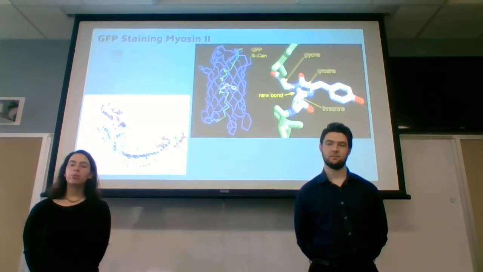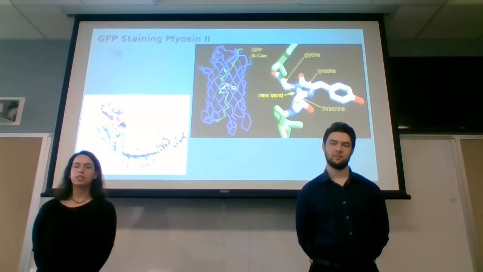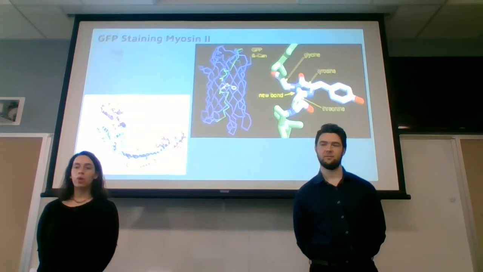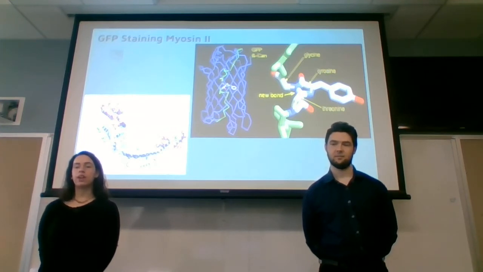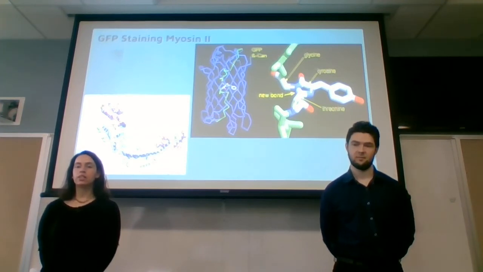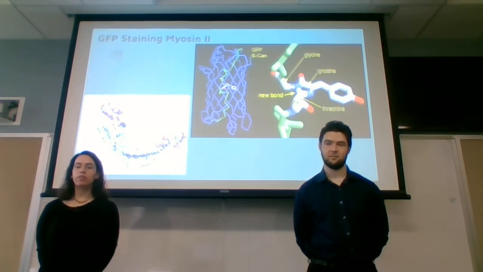The study we are presenting utilized GFP, a green fluorescent protein from jellyfish, as a stain to visualize myosin heads with amino acid substitutions that would heighten the affinity for actin filament binding in the presence of ATP. The goal was to identify subsets of actin that myosin II would preferentially bind to. They were successful in discovering that myosin heads preferred mechanically stretched sections of the actin filament, while in vivo conditions existed.